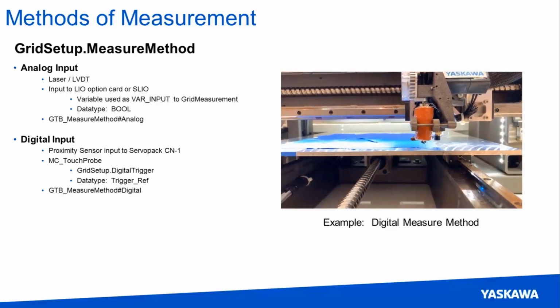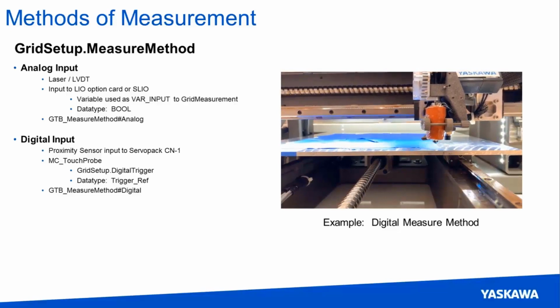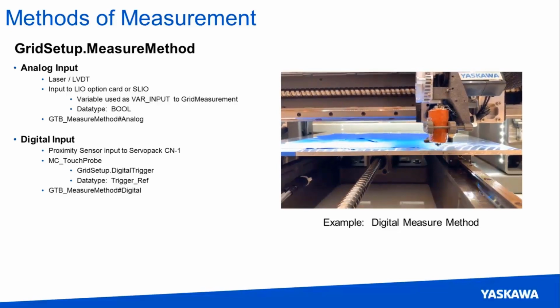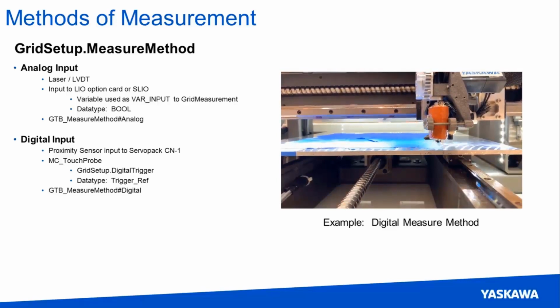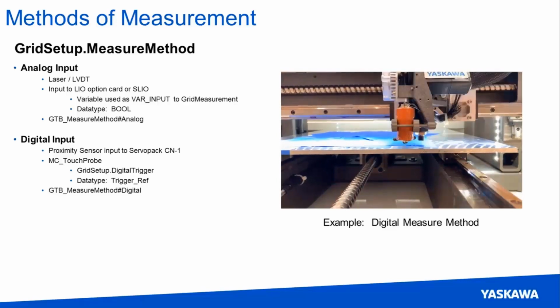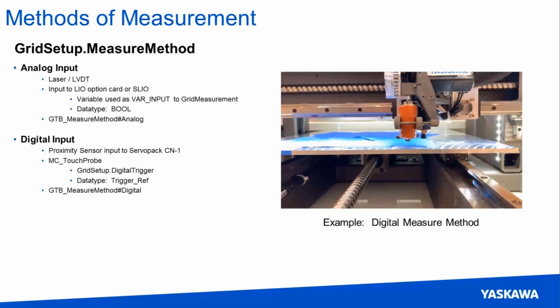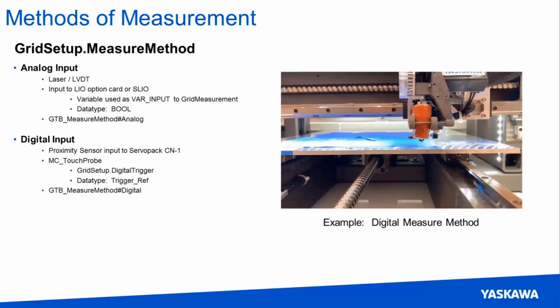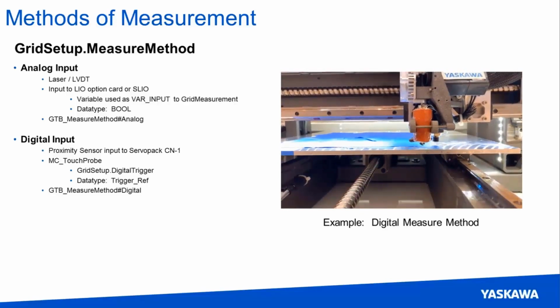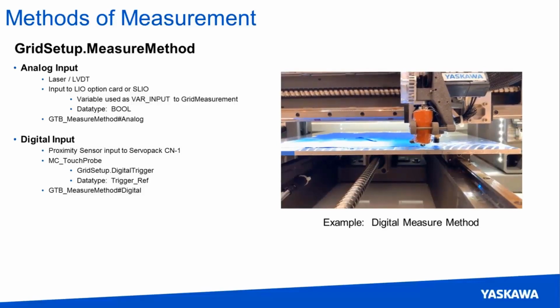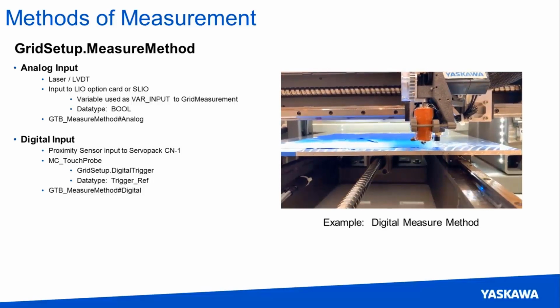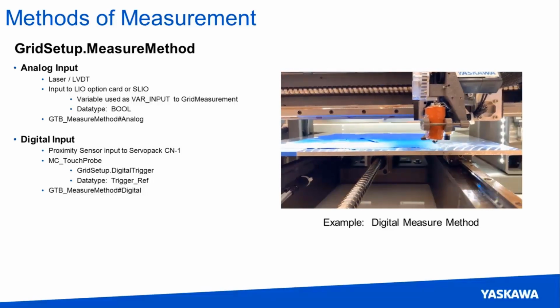Again, here's the enumeration used by Yaskawa for setting the grid setup.MeasureMethod. I hope the quality is okay, or that you can see the GIF on this page. If not, then I recommend going back to the YouTube video once it's published to see these GIF files that I've attached to my PowerPoint, and it'll give you a good interpretation of what grid measurement is doing.